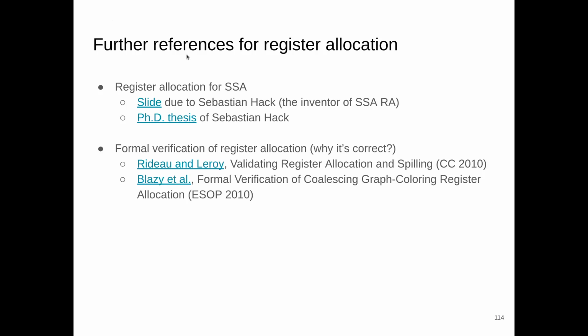And Blazy and collaborators published a paper on formal verification of optimizing register allocation in a similar venue. So if you are interested in how to know whether register allocation is correct or not, I recommend you to read these papers.